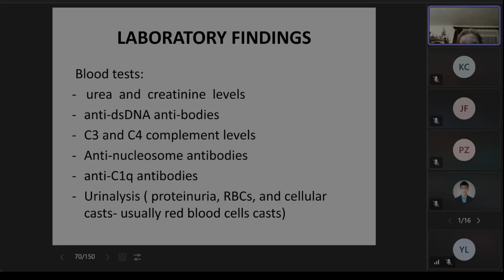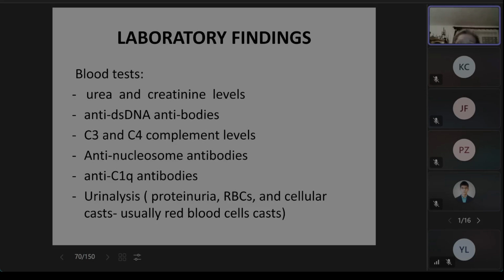The level of daily proteinuria can be different. Sometimes it is less than 1 gram, but sometimes it is a huge proteinuria, higher than the nephrotic range.